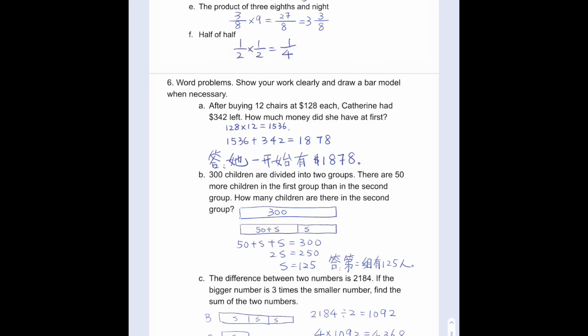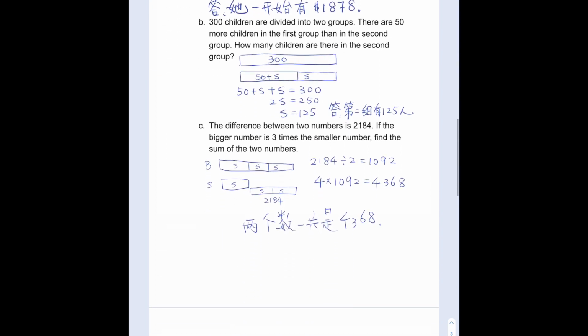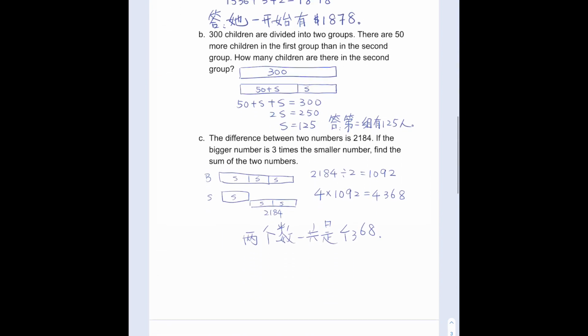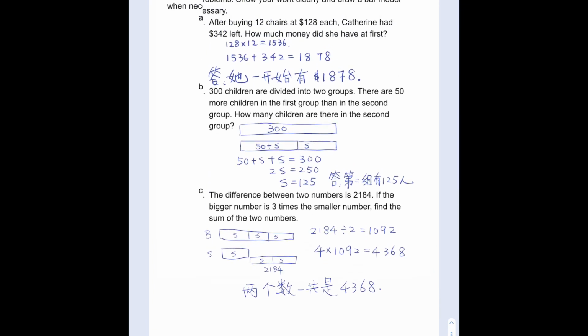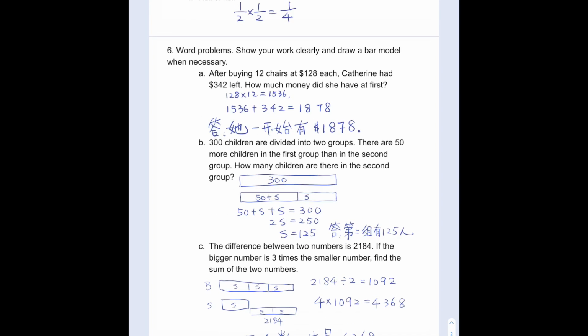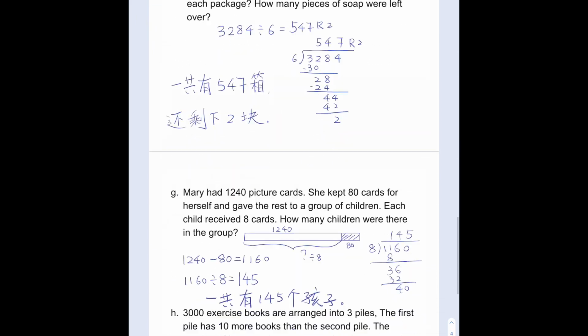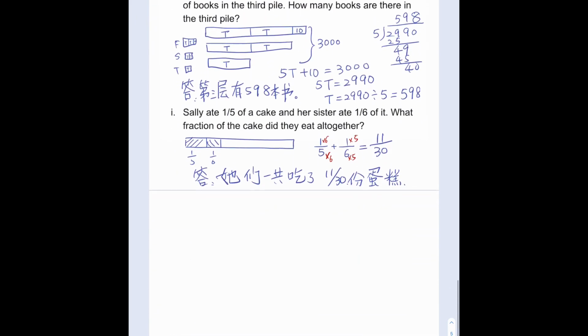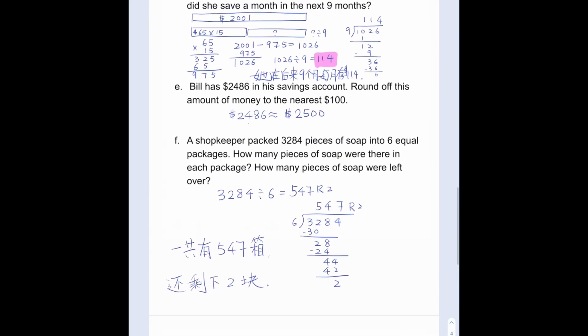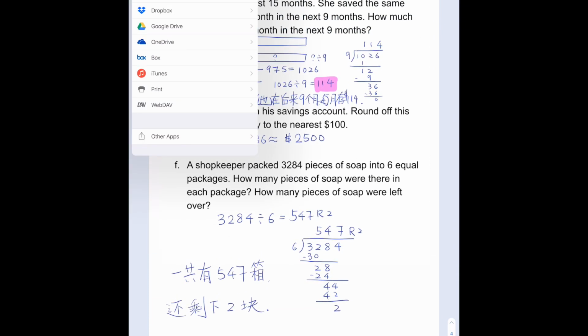Did I change format? Okay, let's see. Oh, I see. Oh yeah. Whoosh. That is good. Now I will need to save it as a PDF. Okay. Google Drive.